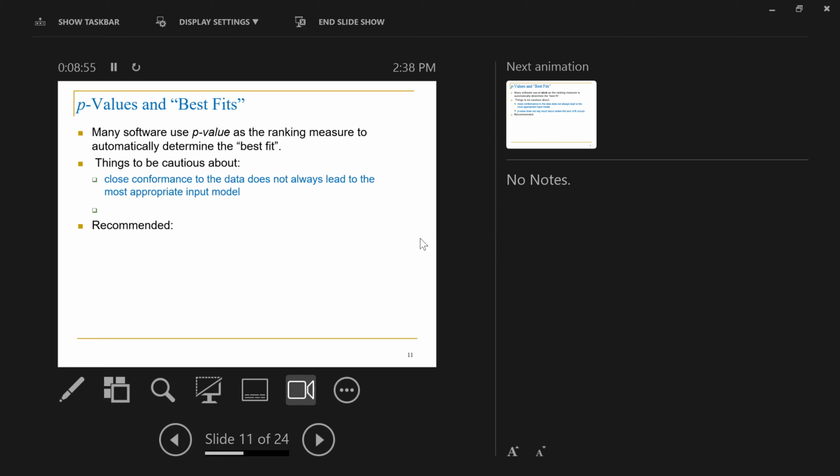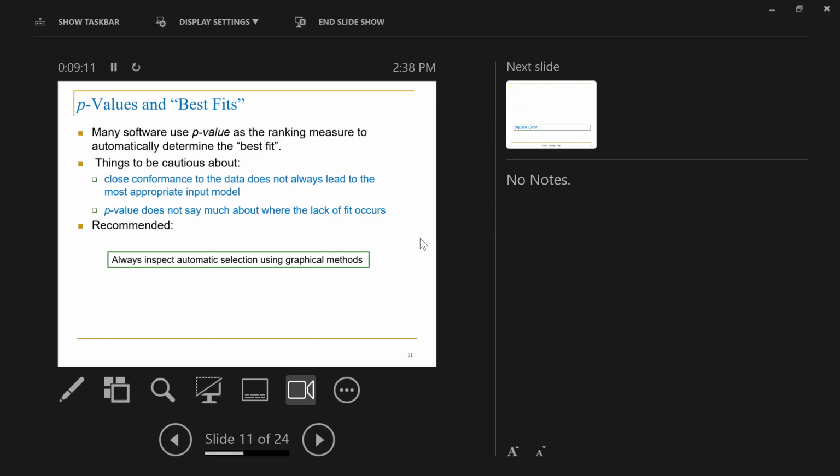One, close conformance to the data does not always lead to the most appropriate input model. And two, the p-value does not say much about the lack of fit when it occurs. So our recommendation is to always inspect the automatic selection using graphical methods.